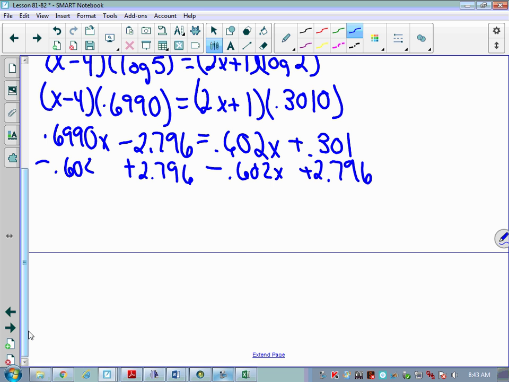We should wind up with something like 0.097x. And 0.301 plus 2.796, I got 3.097. Divide 3.097 by 0.097. X equals 31.92.